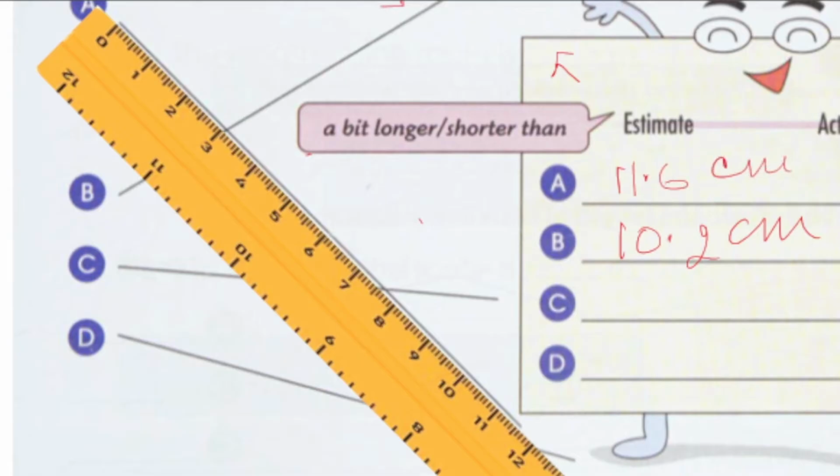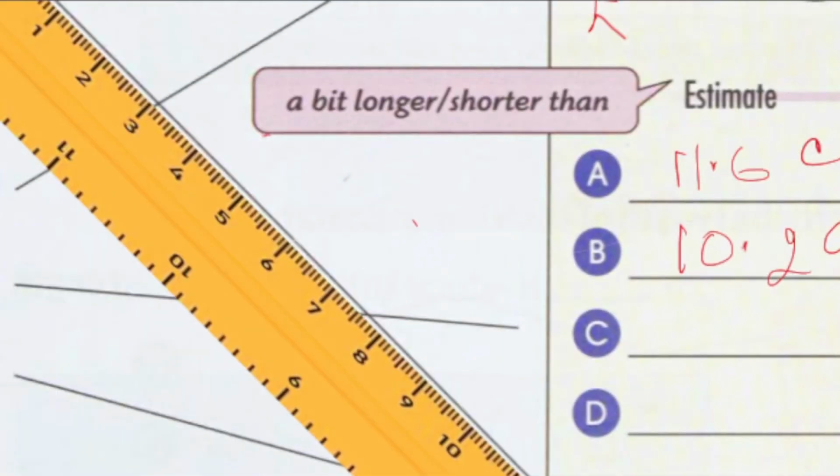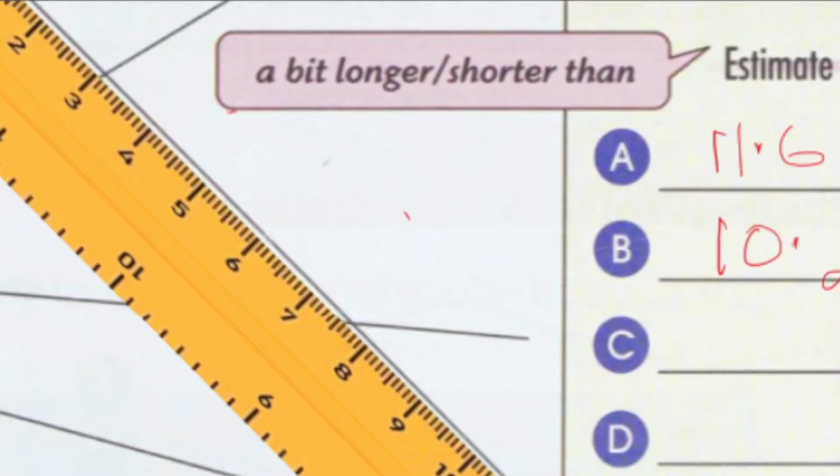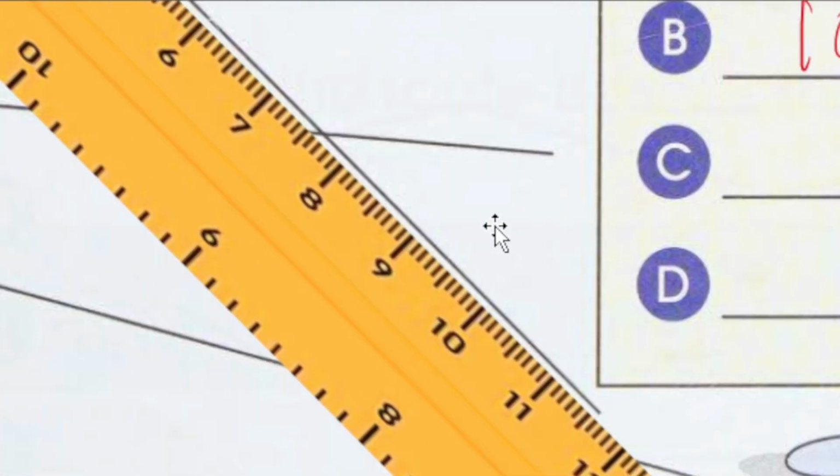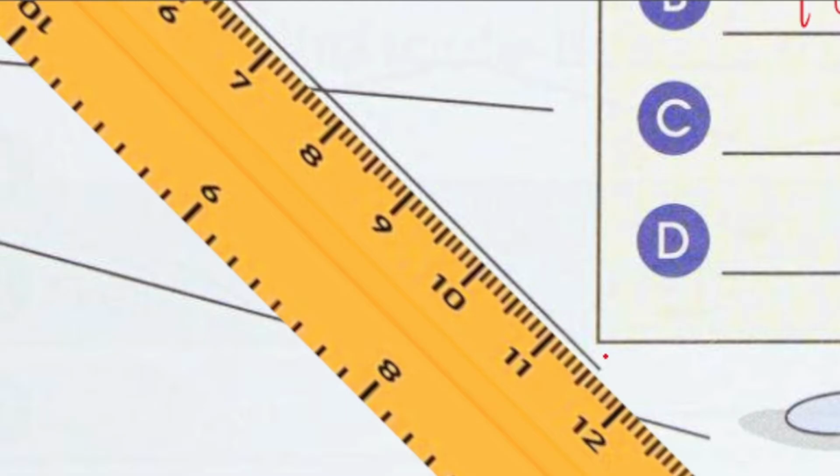I'll show you the closer view. So this is 11.5 and this is 11.6. So this mark is 11.6, right?